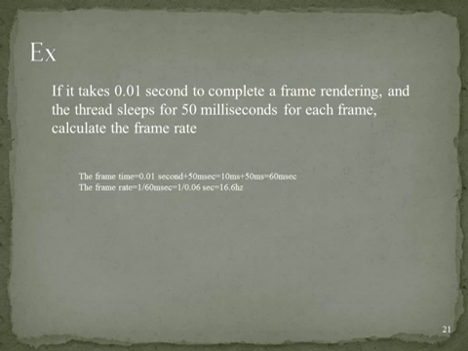The frame time, which is equal to 0.01 seconds plus 50 milliseconds. If we transform it to milliseconds, it is equal to 10 milliseconds plus 50 milliseconds, which is 60 milliseconds. The frame rate is 1 over T, which means 1 over 0.06 seconds, which will be equal to 16.6 hertz.